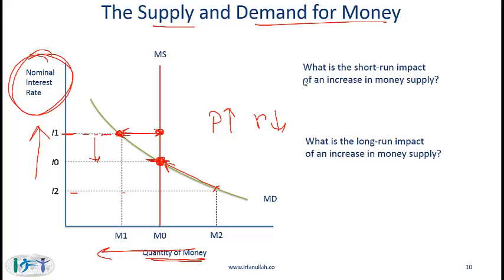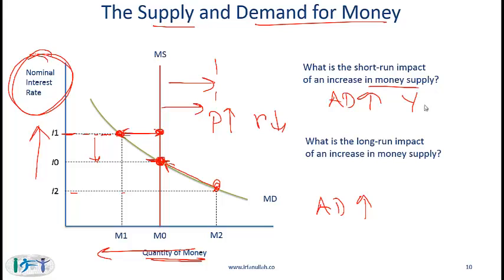Another point has to do with the short run impact of an increase in money supply and then the long run impact. If there is an increase in money supply, then look at what happens to equilibrium rates. If money supply is shifted to the right, then interest rates come down. In the short run, that might increase aggregate demand because interest rates are lower. So in the short run, aggregate demand goes up, and it is possible that output goes up.